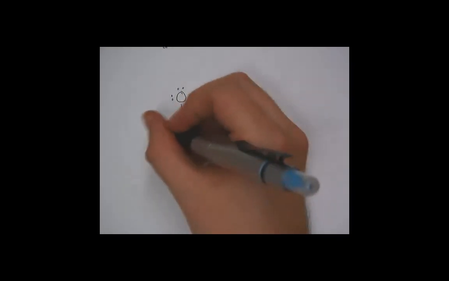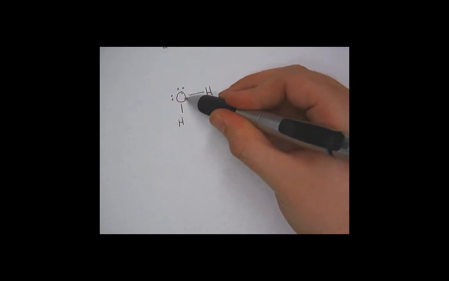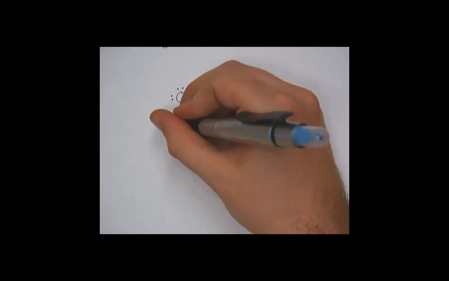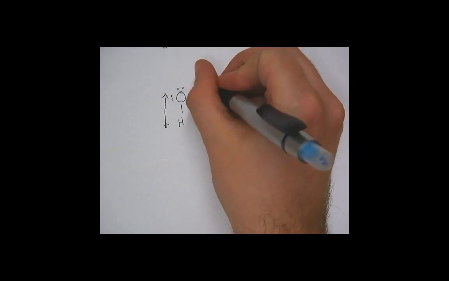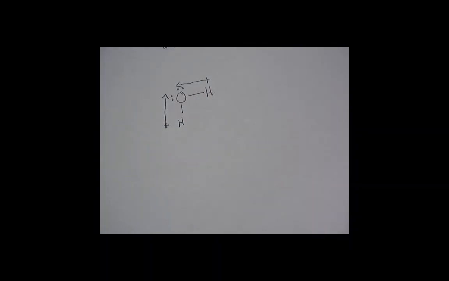So let's look at each one of the individual bonds. Hydrogen is less electronegative than oxygen, so it gets a plus, and the arrow points at oxygen. Again, hydrogen gets the plus, and the arrow points at oxygen.